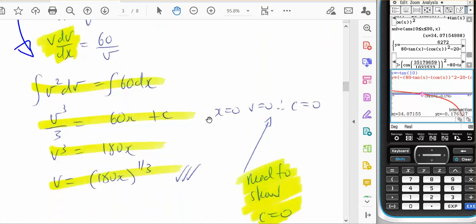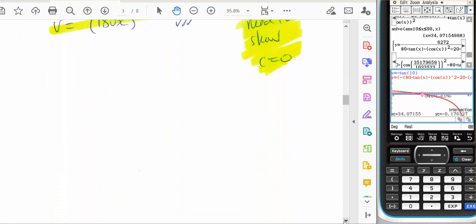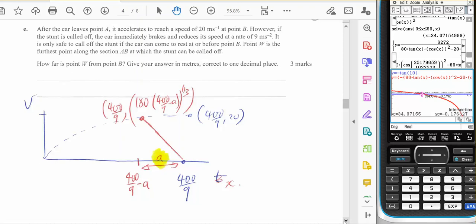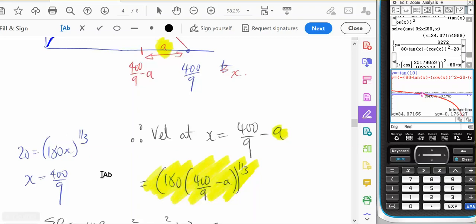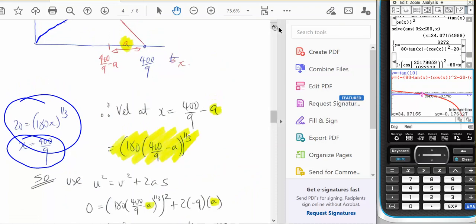So therefore, when I started, the velocity is 0. That gives me that expression. And then over the page, I need to interpret this. This is what my velocity against distance graph looks like. And I finish at 20, and then I can use that with the rule on the previous page to work out that the distance is 400 on 9. So I know the B is at 400 on 9.